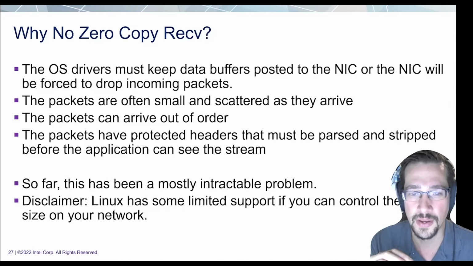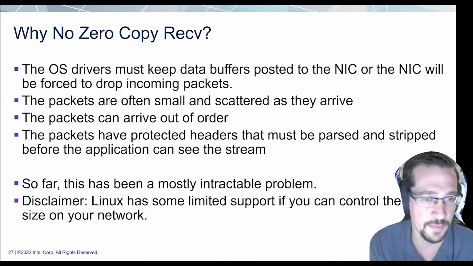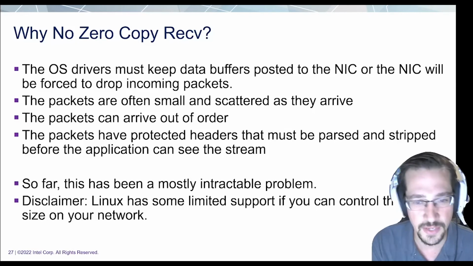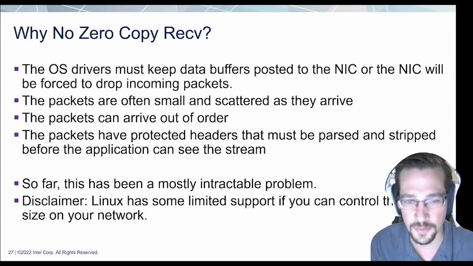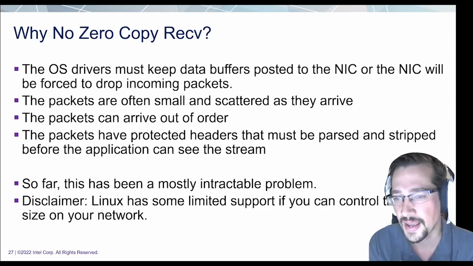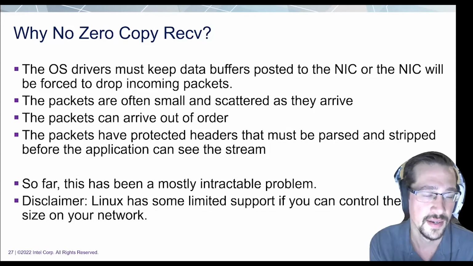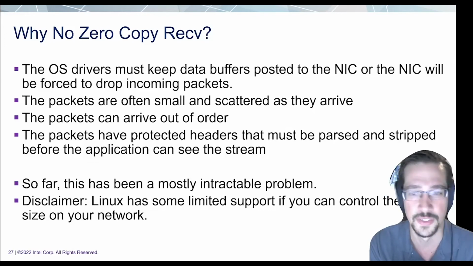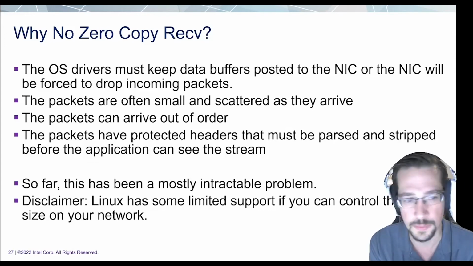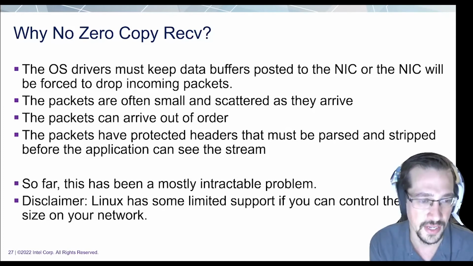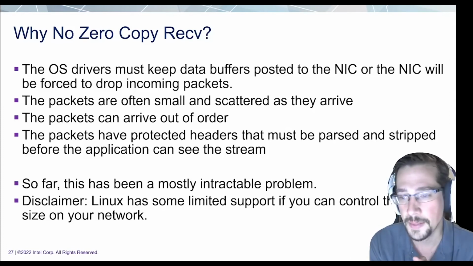And three, they may not have arrived in the right order, so you have to give the user a scatter gather list back of where their data is. And then there's also protected information in the packets, like the MAC addresses and things like that, that you're not supposed to see without privilege, that have to be stripped and parsed. So if you DMA directly to a user buffer, it has the headers still on it. So you have to strip those.